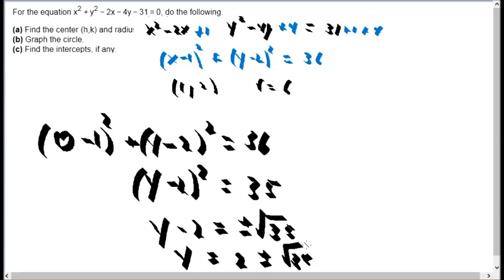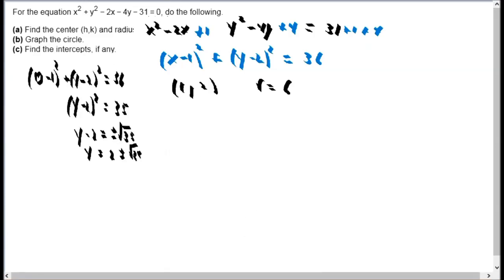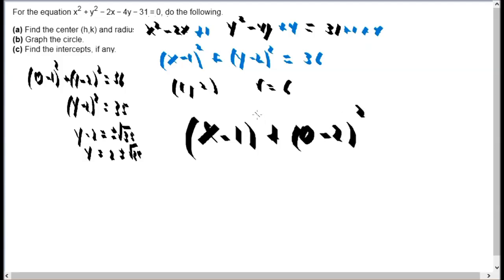Okay, for the x-intercept we're going to do something very similar. For the x-intercept, we'll put in a 0 for y, so we'll get x minus 1 plus 0 minus 2, those are both squared, is equal to 36.